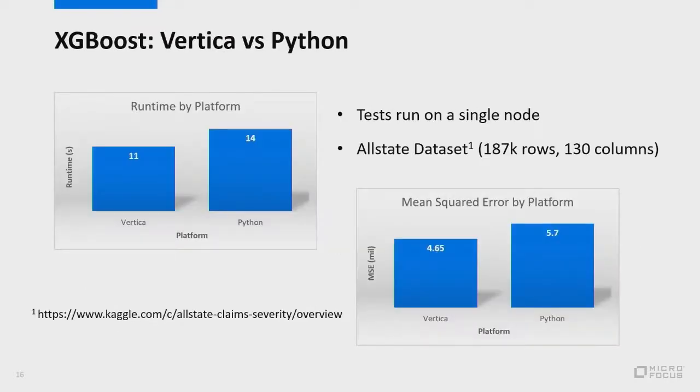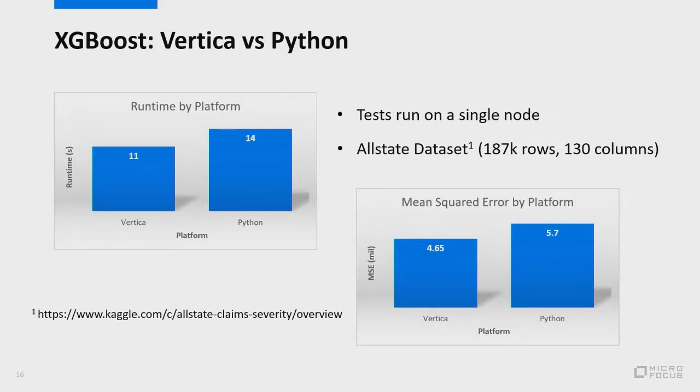Here's a quick comparison of our XGBoost versus Python. This is definitely not exhaustive, but it is just a quick test I ran on a popular data set. The data set is the Allstate claims data set. Its task is to predict how much a certain claim cost Allstate as a company. You can follow this link to learn more about this data set, but it has a bunch of columns.